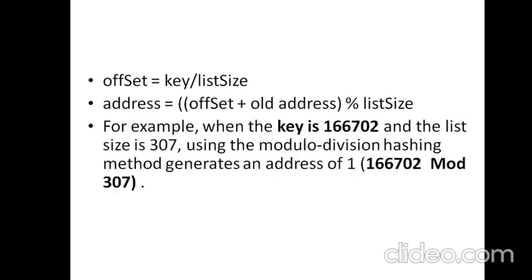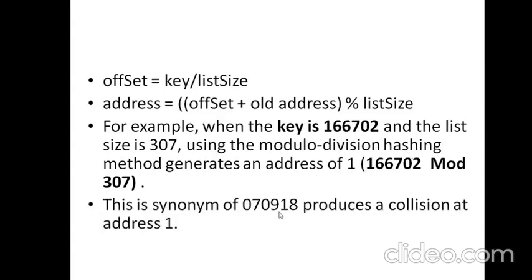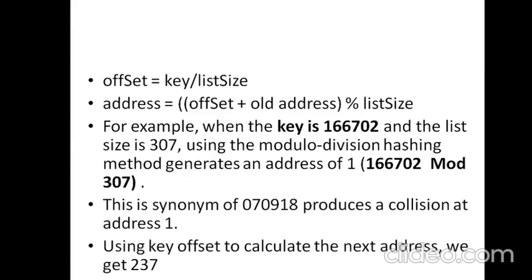The example is showing that. For example, when the key is 166702 and the list size is 307, the modulo division hashing method generates an address of 1, and this is a synonym of this value and produces a collision at address 1. So using key offset to calculate the next address, we get 237.